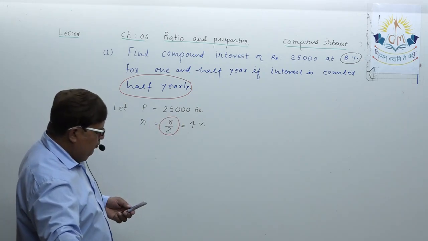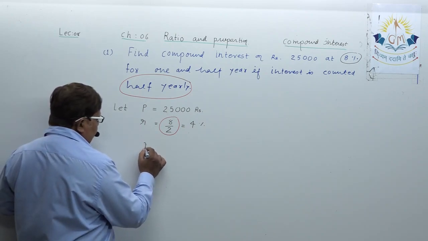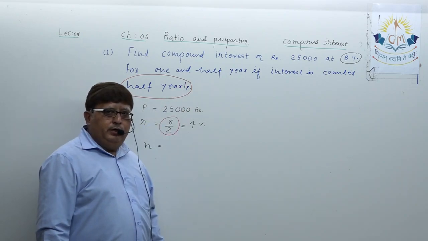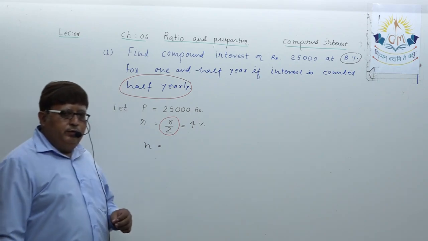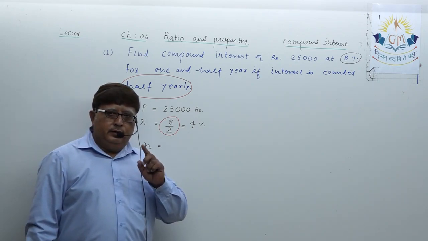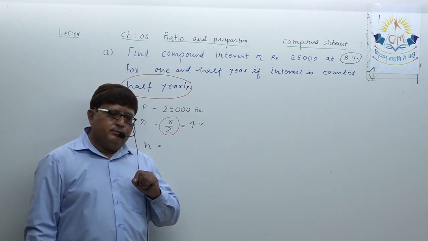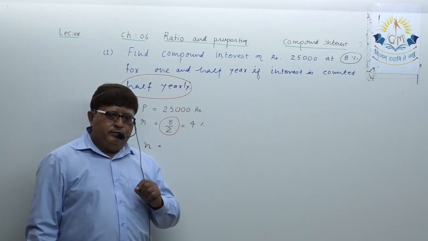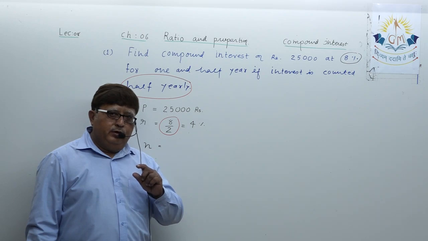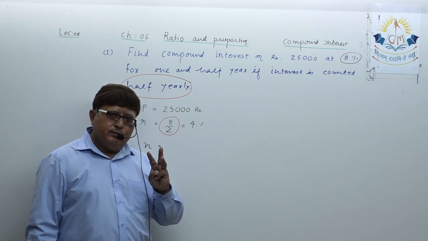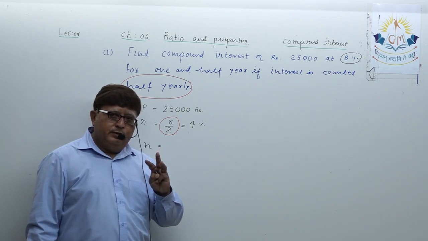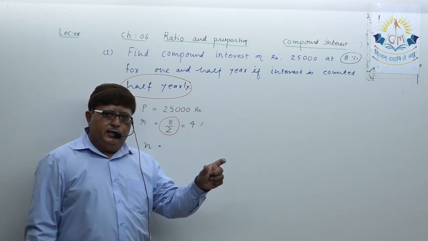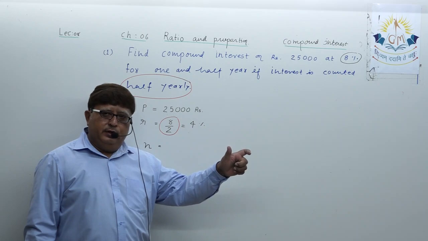Okay, one more thing, dear student, n. Interest is to be counted for 1.5 year. Can you tell me 1.5 year means how many periods of half year? 3. You understood this? 1.5 year means 3 periods, 2.5 year means 5 periods.